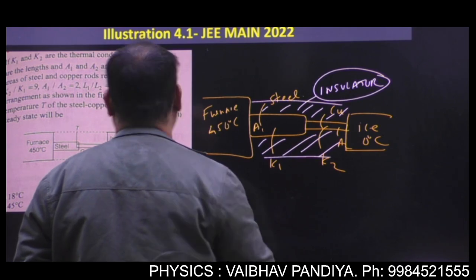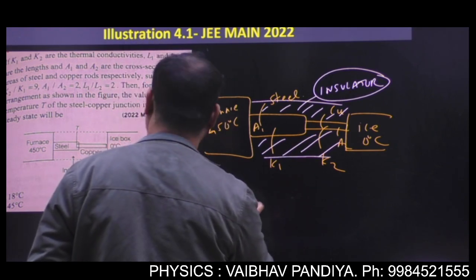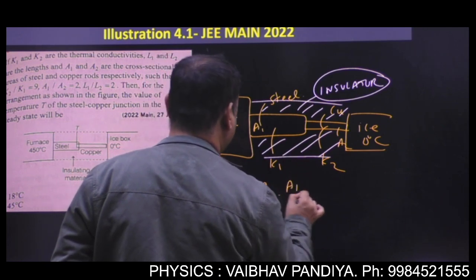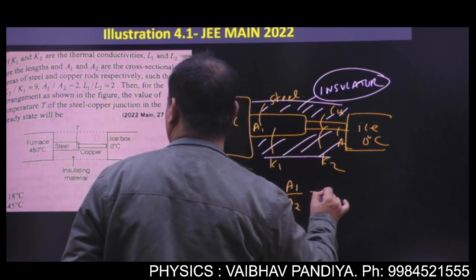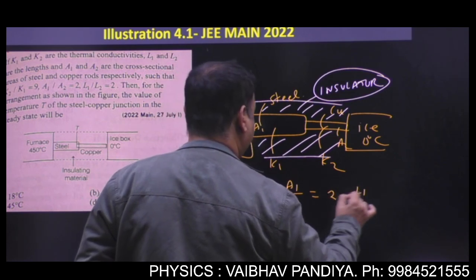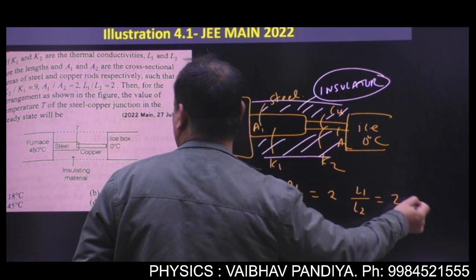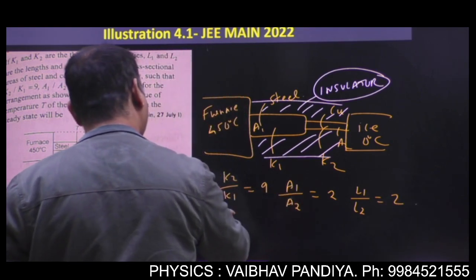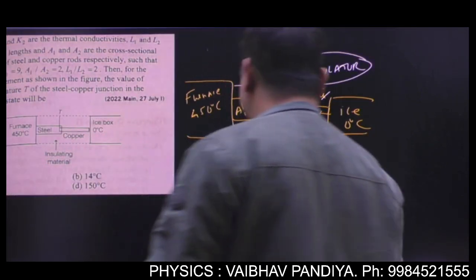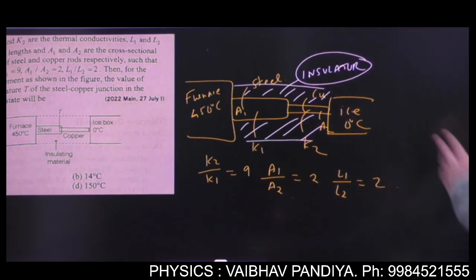And you are given K2 by K1 is 9, A1 by A2 is 2, L1 by L2 is 2. That means conductivities, areas and lengths are related. They have a certain ratio.